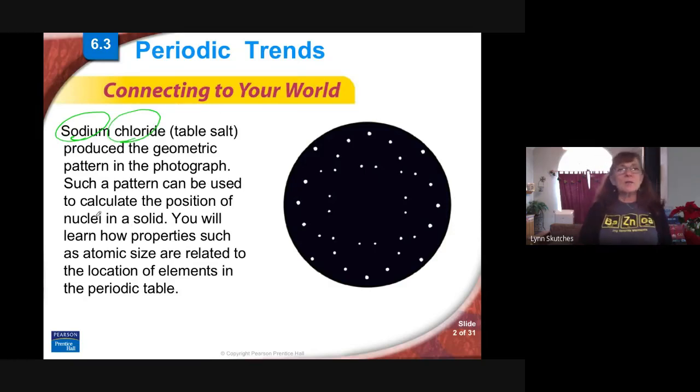And it turns out they do some interesting things. These little dots are nuclei of the sodium and chlorine ions. And this pattern, to someone who's good with three-dimensional spaces, which I am not, is showing a cubic pattern.